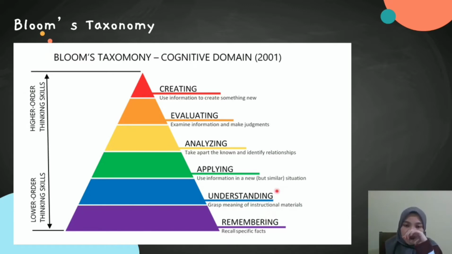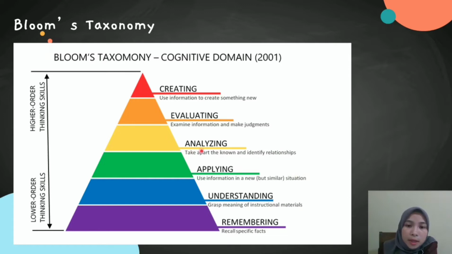Example verbs used for the understanding level are classify, describe, discuss, and explain. Next is applying. Applying is using information in a new but similar situation. Verbs used for this stage are solve, use, demonstrate, and interpret.